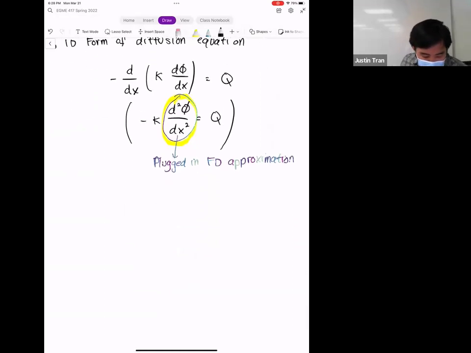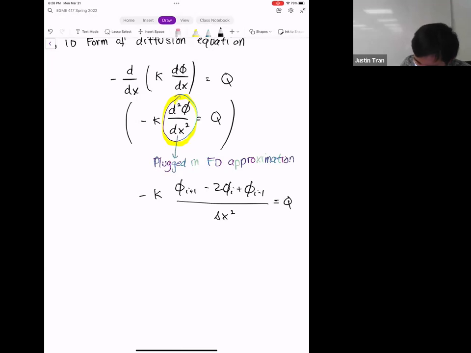If you remember, what we ended up with was something like this. That's our second order derivative finite difference. After some manipulation, we ended up with the following.